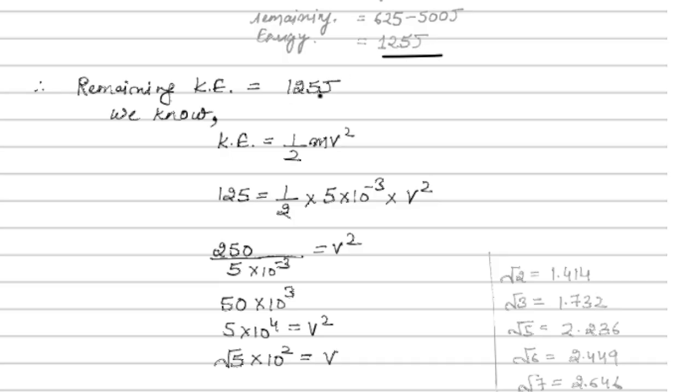Now the remaining kinetic energy, how to calculate how much speed it will have? We know the energy, so we can calculate it by equating it with the formula of kinetic energy, half mv square. We will get the value of v as root 5 into 10 raised to the power 2, and we will get 223.6 meter per second.